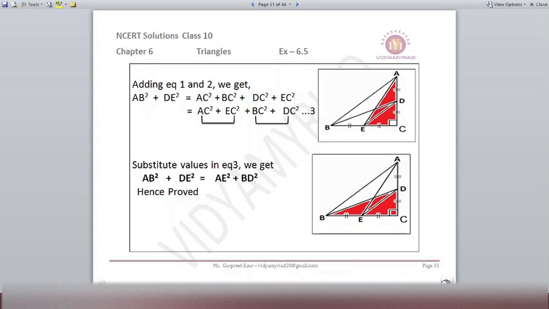If you look at the first figure, AC and EC, it is related with AE, so I will write AE square instead of that. And BC square plus DC square, if you look at the second figure, it is related with BD square. So I have just substituted these in place of equation number 3, and hence we have proved our answer.